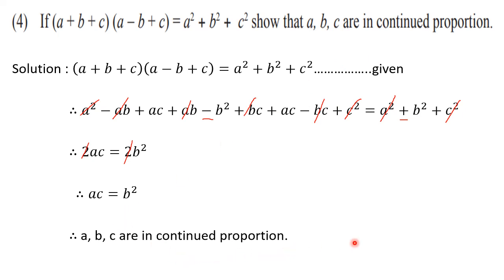Now, the sums based on continued proportion, those sums I have solved. Now the sums based on the K method are remaining. Those sums we will start in the next lecture. So all of you please practice all the sums. Also try to solve the similar sums from the problem set, because I am not going to solve similar sums from the problem set.